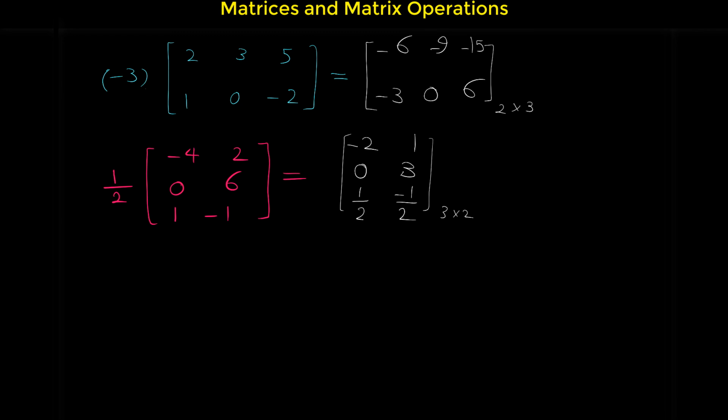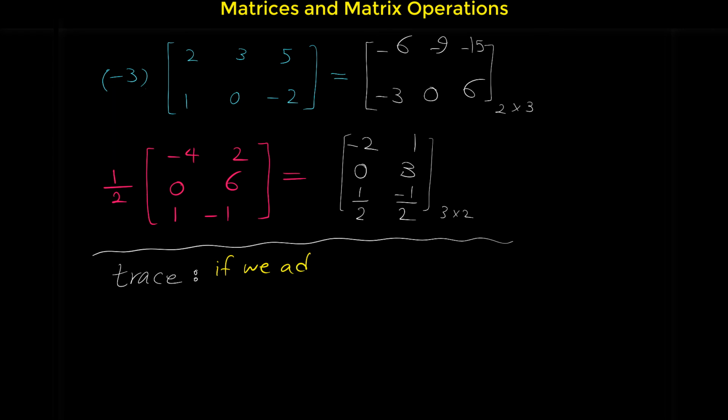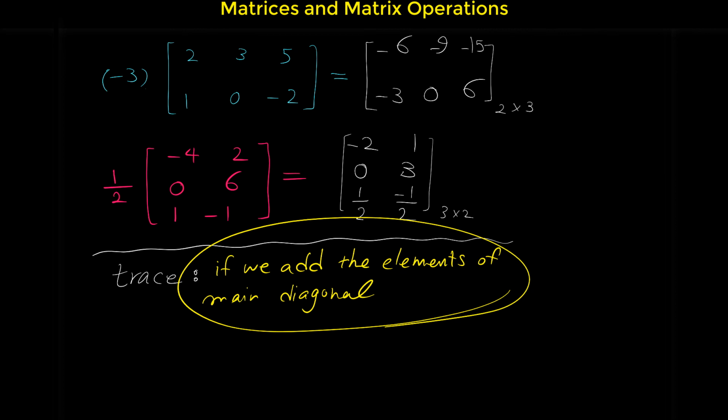Let's talk about something different for a matrix: the trace of a matrix. What is the trace? If we have a square matrix, so it's important, if we add the elements of the main diagonal, that is the trace of that matrix.